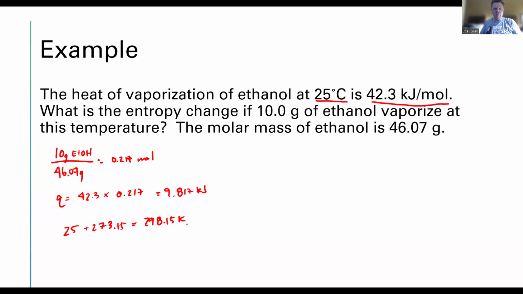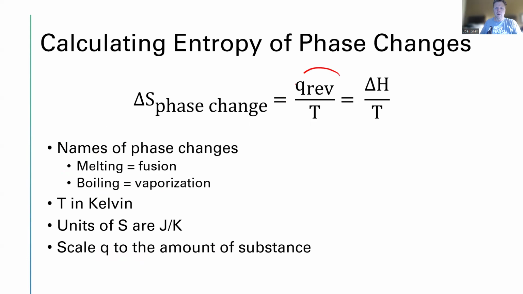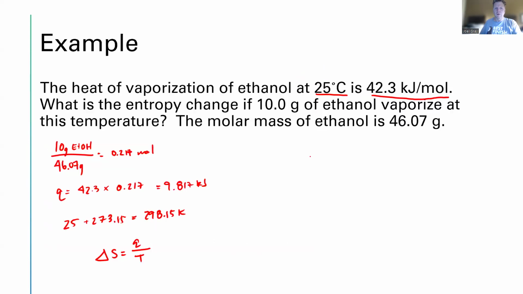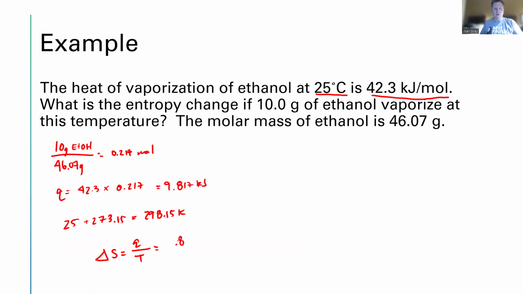So now that we have that, we can calculate our delta S by taking this Q divided by our temperature, T. So essentially what we're doing right there, this is 9.817 divided by 298.15.